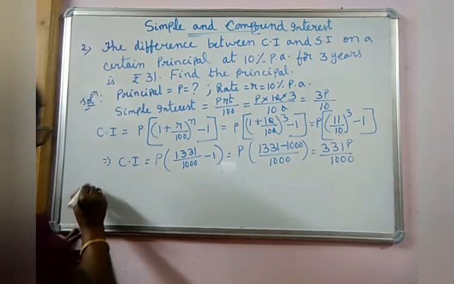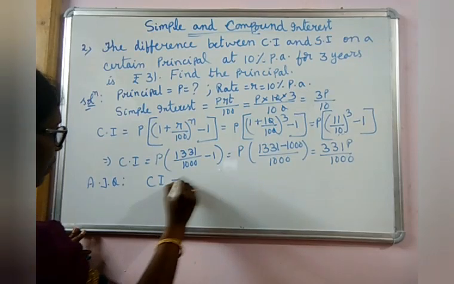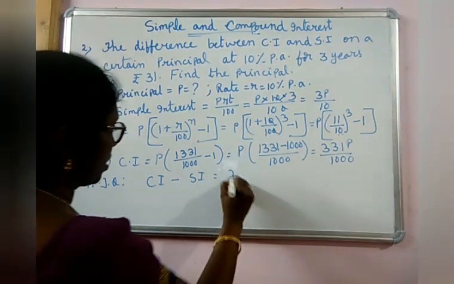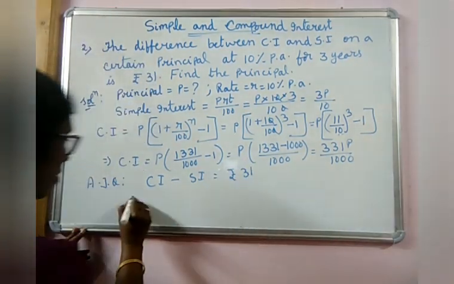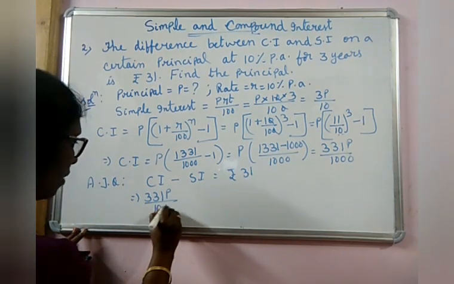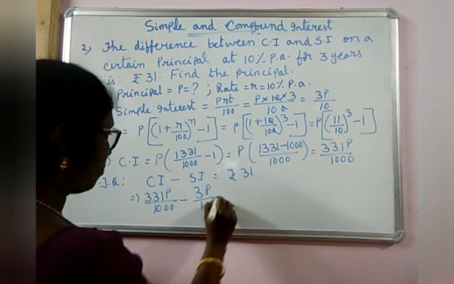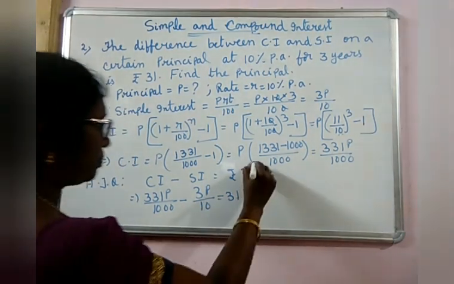And according to the question, compound interest minus simple interest is 31 rupees. Compound interest is 331P by 1000. Simple interest is 3P by 10, equal to 31.